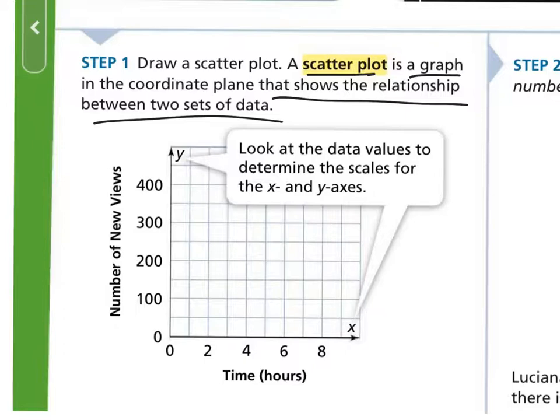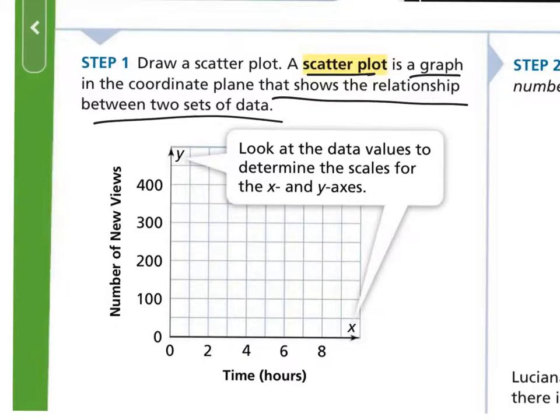And like I said, when you graph these, the points are just going to be scattered around. They're not going to be necessarily in a straight line. In real life, things are not always perfect, or very rarely, so it's not likely that we're just going to get a straight line graph out of these points.